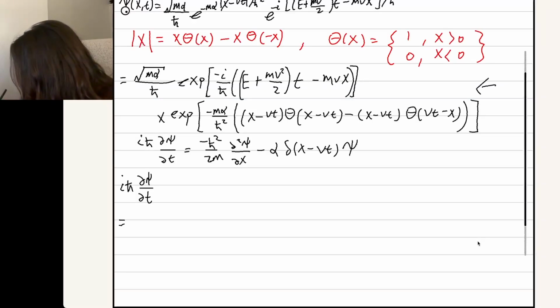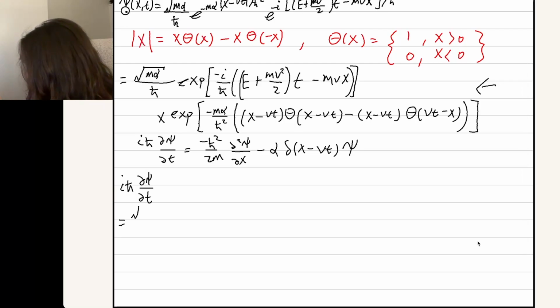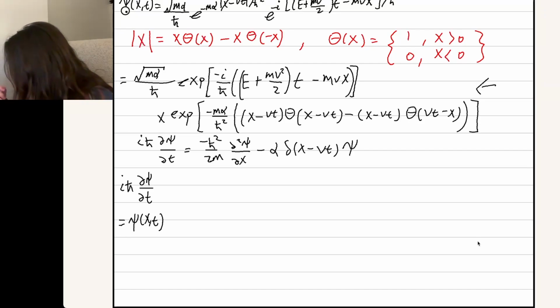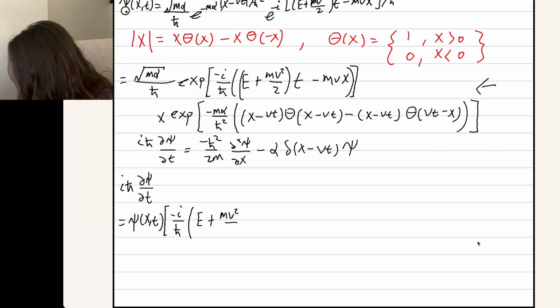We still are going to have the root m alpha over h bar times the big exponent whenever we do the derivative. So instead of writing all that, let's just write psi of x and t, and then do the derivative of all of the arguments of the exponent. That's going to be minus i over h bar times e plus mv squared over 2.